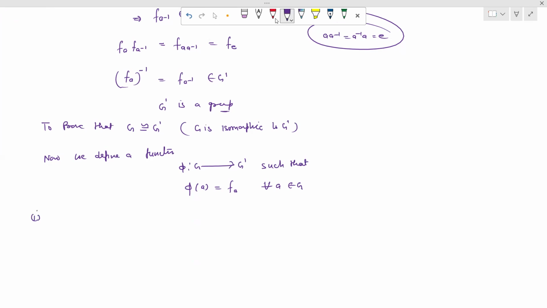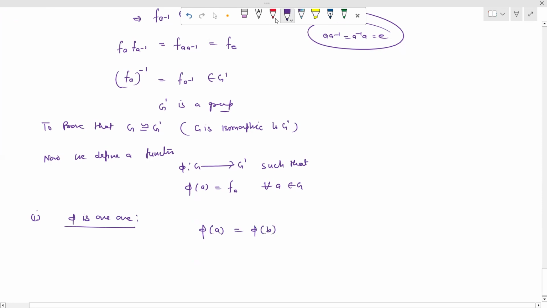First we shall prove that phi is one-one. For proving a one-one function, we take two elements a and b such that phi a equals phi b. It means that f(a) is equal to f(b) by definition.